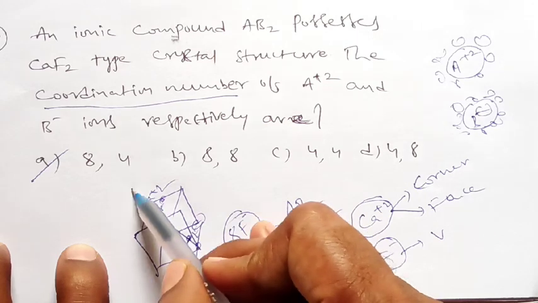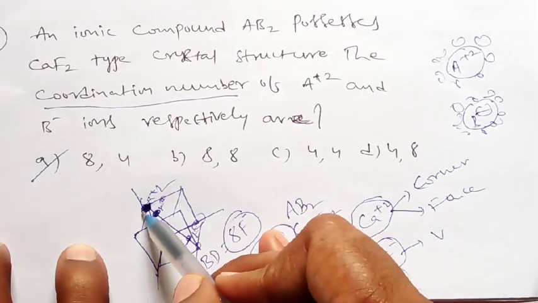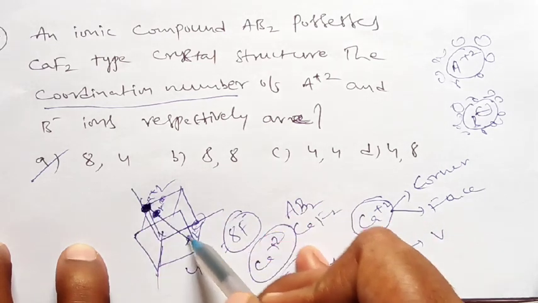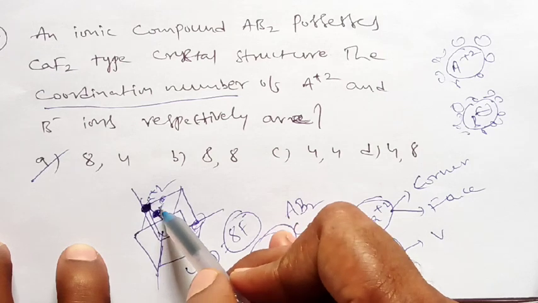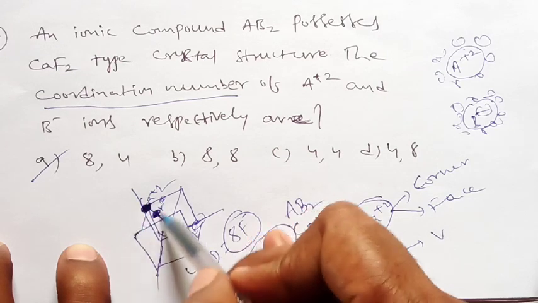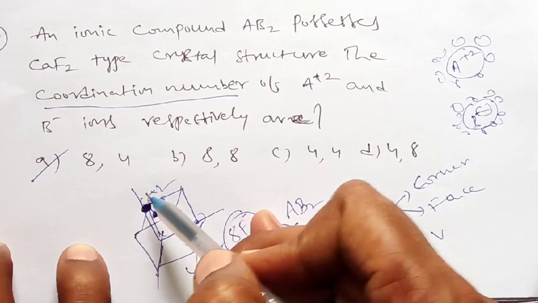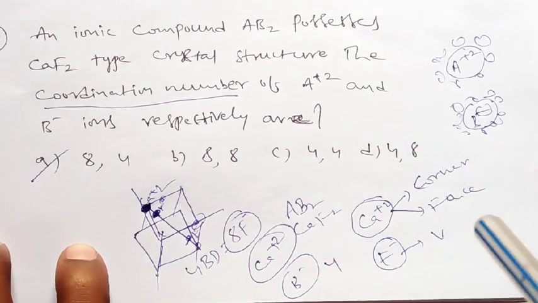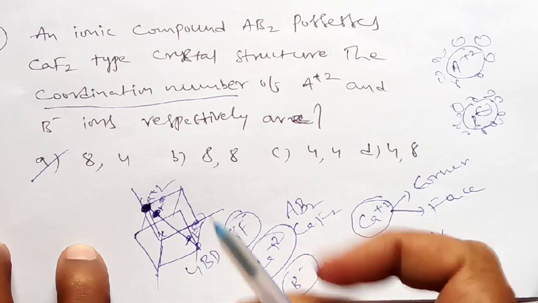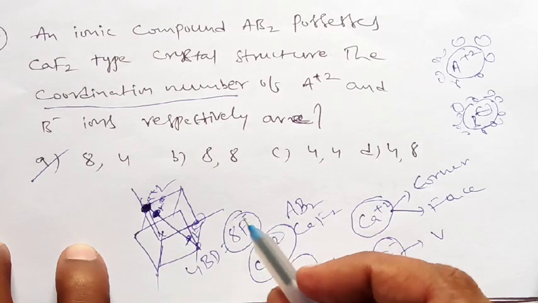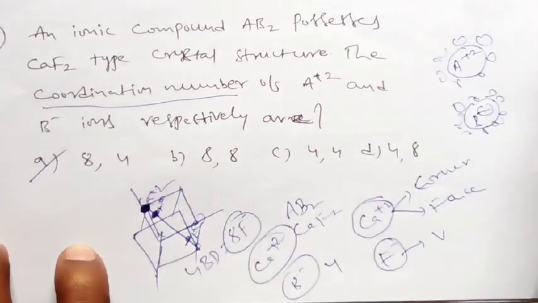If you imagine the complete structure of this unit cell, very close at the body diagonal place a void is present, that means F minus is present there. Like that, how many surround this? 8F minus. 1 Ca plus 2, 8F minus. Similarly, 1 F minus is surrounded by 4 Ca plus 2. If you take the original structure, you'll get the clarity. Is it clear? Right. Now look at the next question.